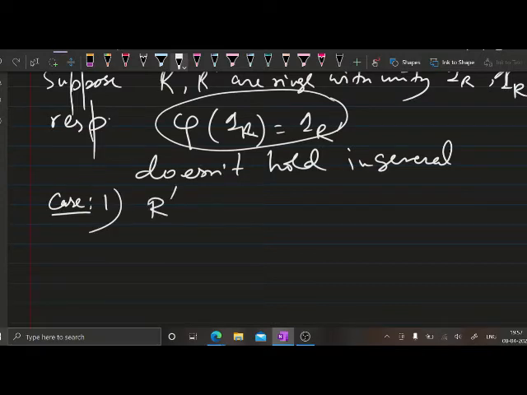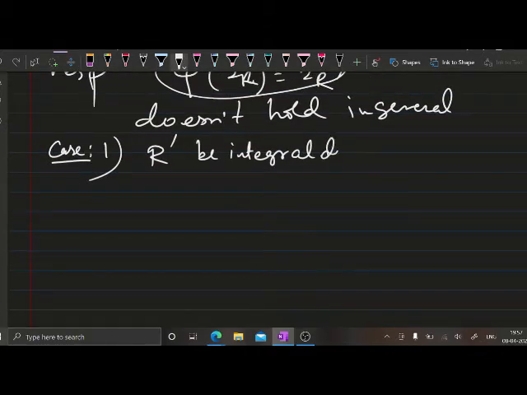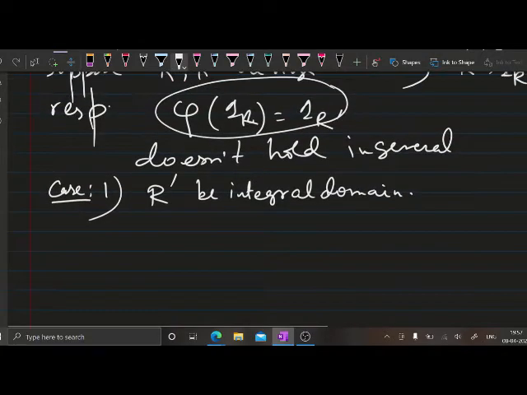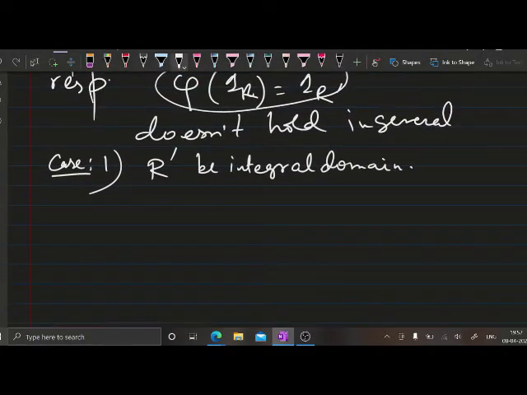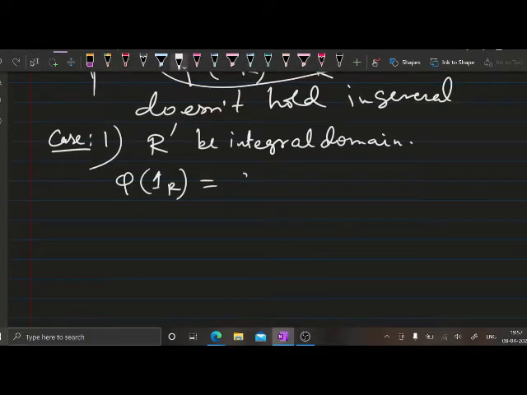R dash an integral domain. Why do we consider this condition? Because if you take phi of 1R, then it will be phi of 1R dot 1R, right?